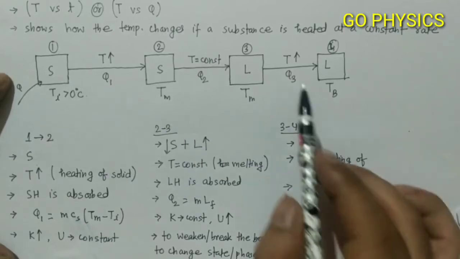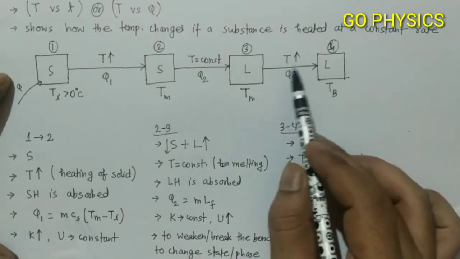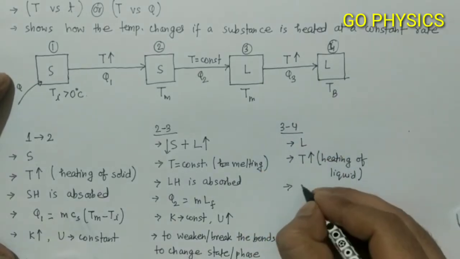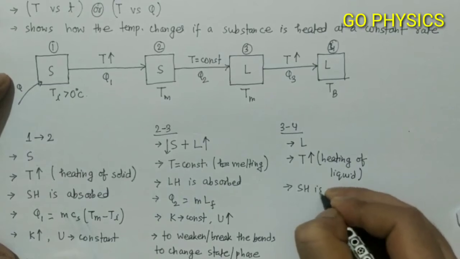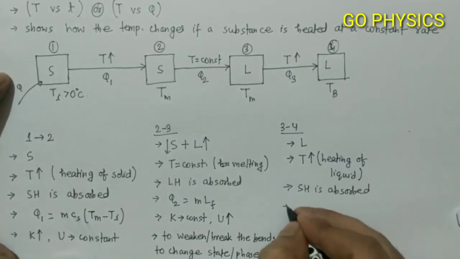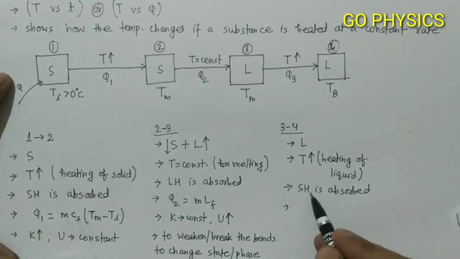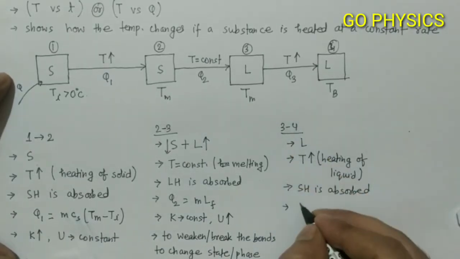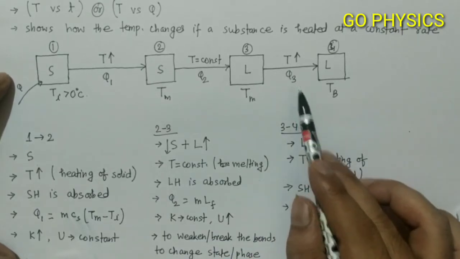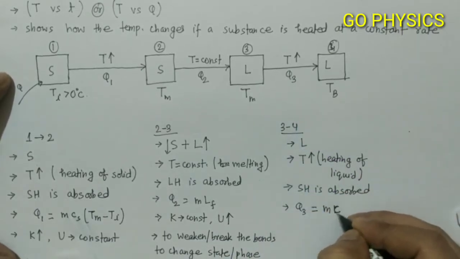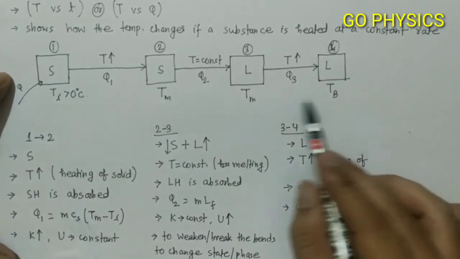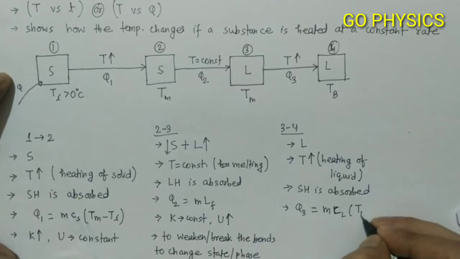Third point, since the temperature is rising, during the process 3 to 4, sensible heat is absorbed by the liquid. Now, what is the quantity of this sensible heat? This is Q3. And Q3 will be equal to mc of the liquid into delta T. And what is delta T here? Final minus initial, that is Tb minus Tm.